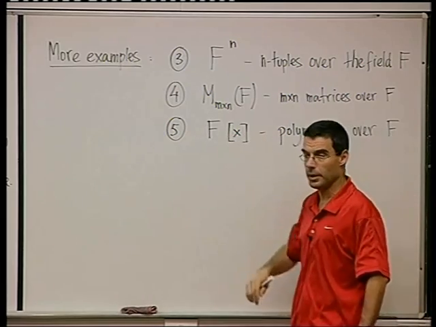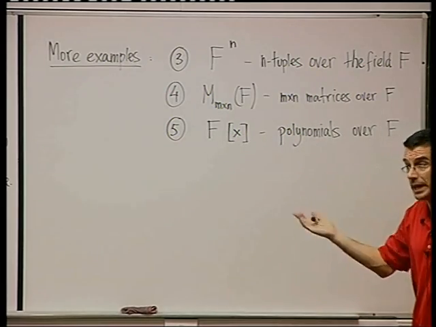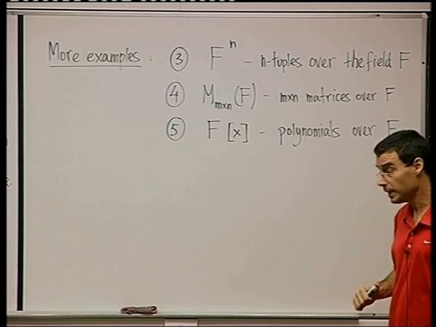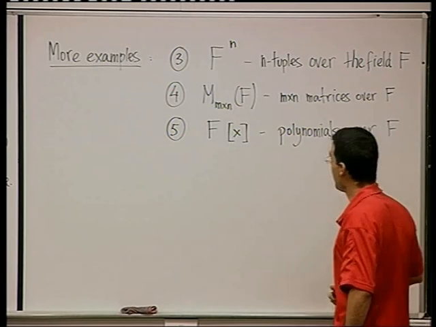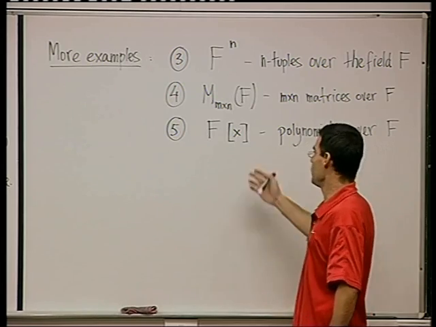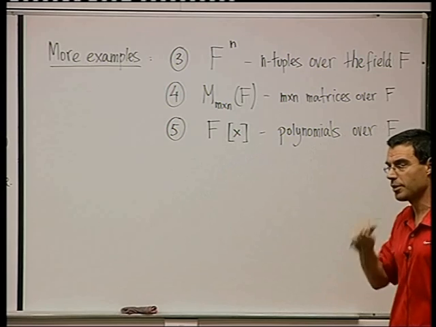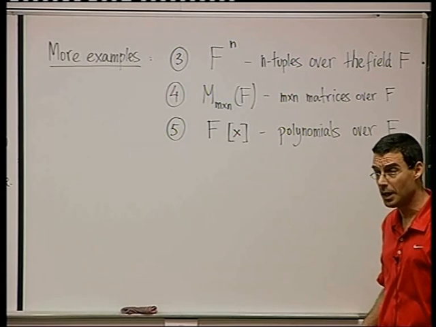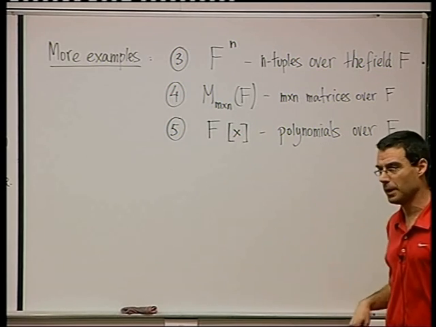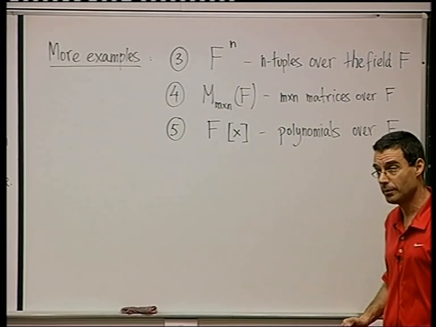If I multiply a polynomial by a number, do I get a polynomial again? Yeah, I do. Do the distributivity laws hold? So if I take 3 plus 5 times a polynomial, is it the same as 3 times the polynomial plus 5 times the polynomial? Yeah.